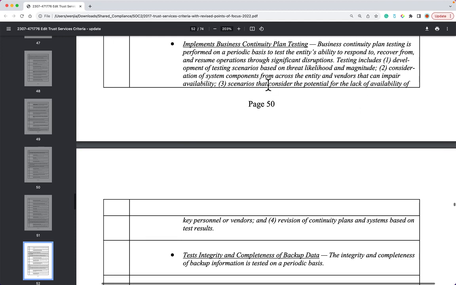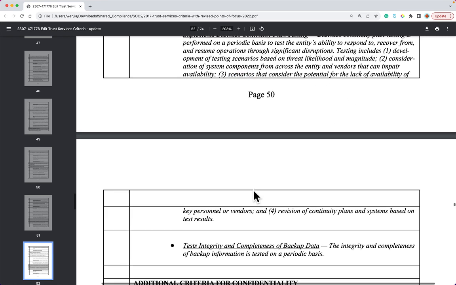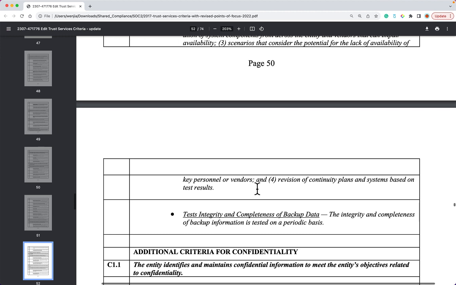One, development of testing scenarios based on threat likelihood and magnitude. Two, consideration of system components across the entity and vendor. Three, scenarios that consider the potential for lack of availability of key personnel or vendors.